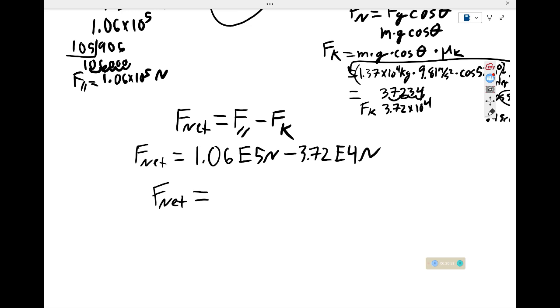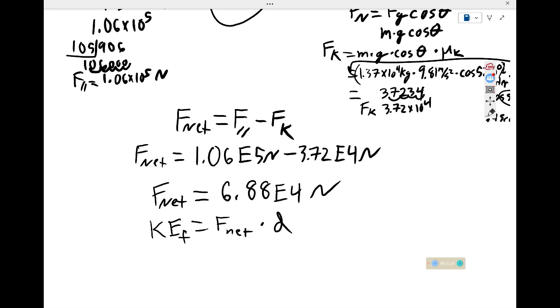Okay. So what do we get? Now remember that what we started with was our final kinetic energy being equal to our net force times the distance applied.